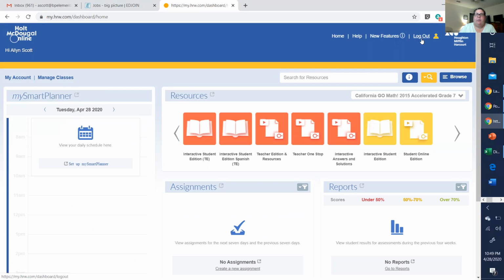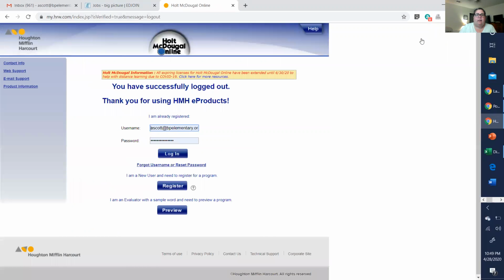It'll give you the sign out page. Let me sign out. So this is the page that it'll bring you to. Now these are my credentials to sign in, but I enrolled Eleanor into my class so that I could show you how to do this.